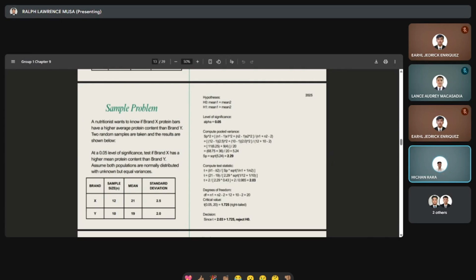So, therefore, our conclusion is 2.03 is greater than 1.725, so we reject our very first hypothesis. Overall, brand X has significantly higher protein content than brand Y. So, that's it, and done.